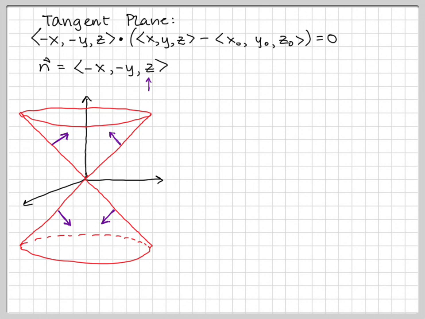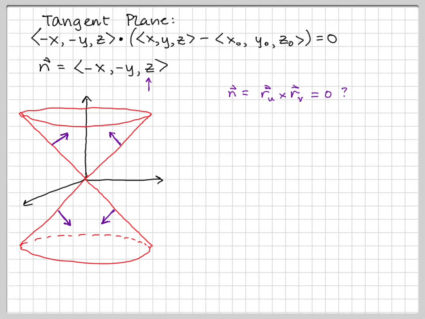Now, remember that we said that in 3-space, we can confirm that 2 vectors are linearly independent if the cross product is not equal to 0. So here, if you look at our normal vector, when does this normal vector, which is the cross product of r sub u and r sub v, equal 0?